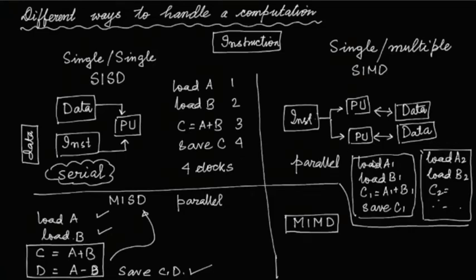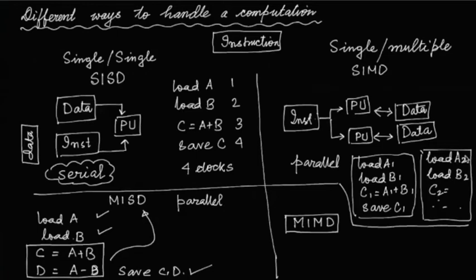In single instruction, multiple data, you see that the exact same instruction can be carried out in different processing units, which means this can be the operation where two arrays are being added up. One array is A, the other array is B, and I have A1, A2, A3, A4, which are the elements of the array.